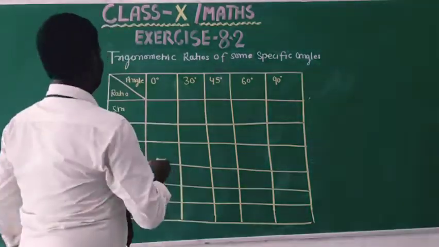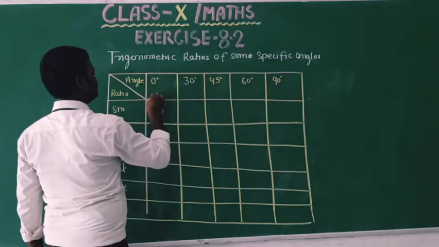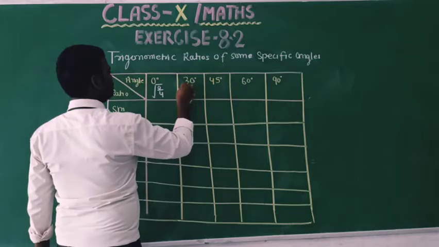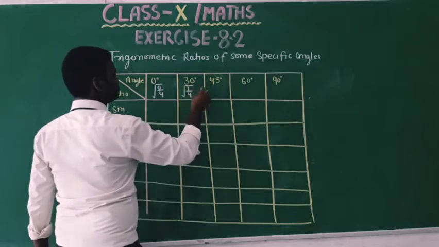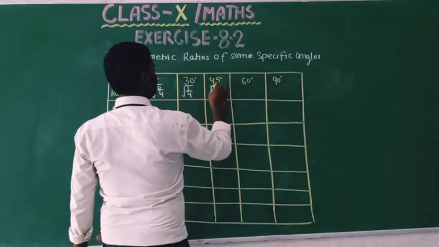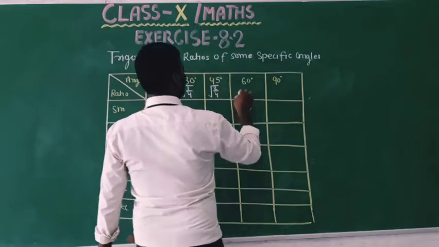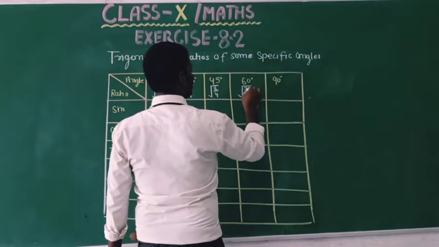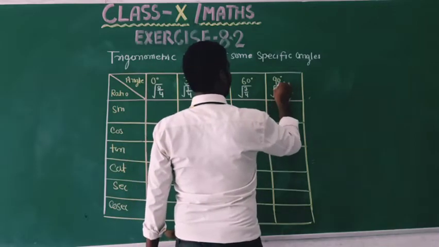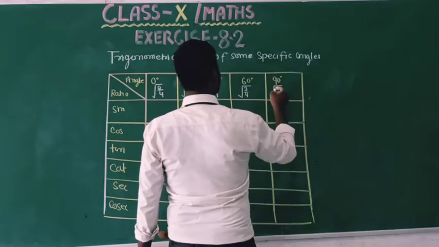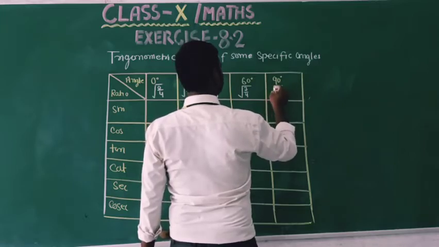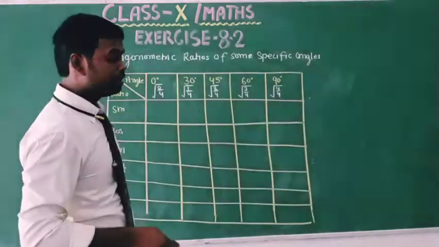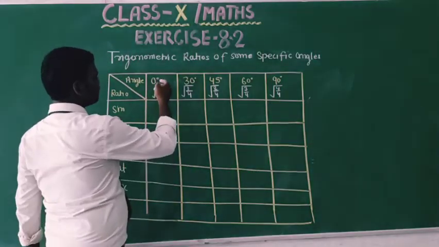Now write in the sine row: for 0 degree, square root of 0 by 4; for 30 degree, square root of 1 by 4; for 45 degree, square root of 2 by 4; for 60 degree, square root of 3 by 4; and for 90 degree, square root of 4 by 4.